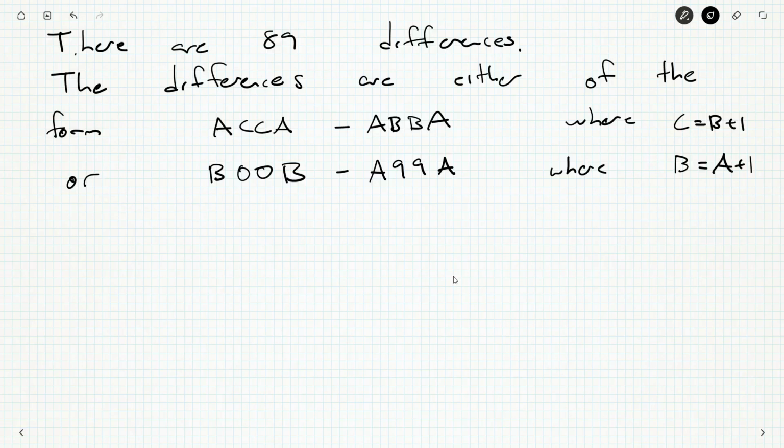So it's either something like 2002 minus 1991, or something like 1881 minus 1771.